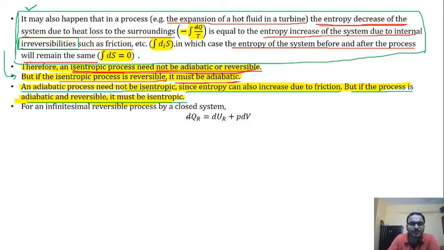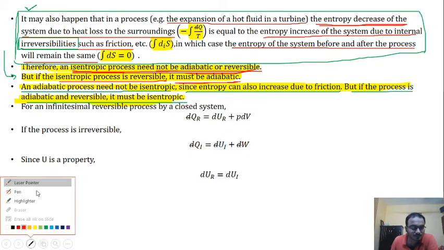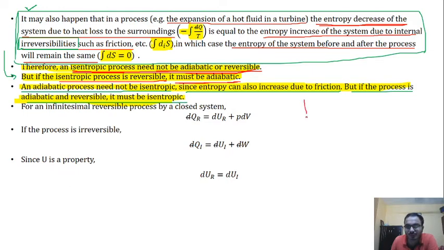So here we have written the first law of thermodynamics for a reversible process, and similarly we can write down the same thing for an irreversible process. Now since U is a property, the change of internal energy will remain the same for reversible and irreversible processes. Why? Because if you recall, we were comparing two processes. Let us say this is a normal process where we are going from 1 to 2.